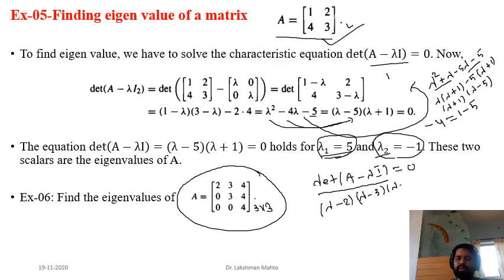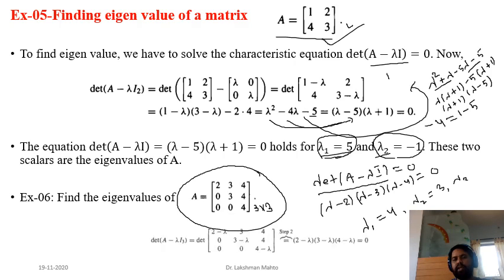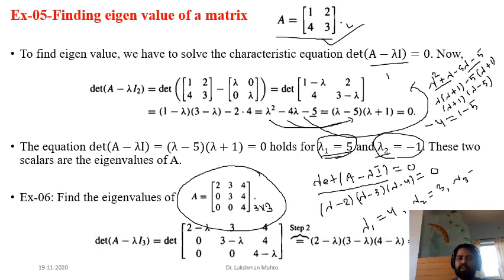So that means it is having 3 real eigenvalues. The first real eigenvalue you can call lambda 1 equal to 4, lambda 2 equal to 3, lambda 3 equal to 2. So you got 3 eigenvalues for this given 3 by 3 matrix.